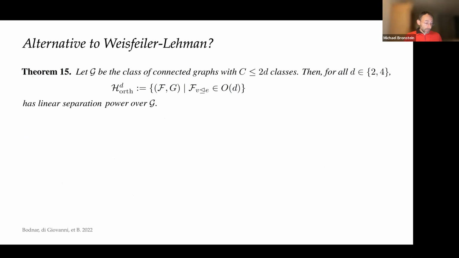But this gives an interesting alternative to the standard Weisfeiler-Lehman hierarchy. The typical way of reasoning about the expressive power of graph neural networks, and what kind of tasks they can solve or what kind of functions they can express, is this analogy between message passing and the Weisfeiler-Lehman graph isomorphism test.